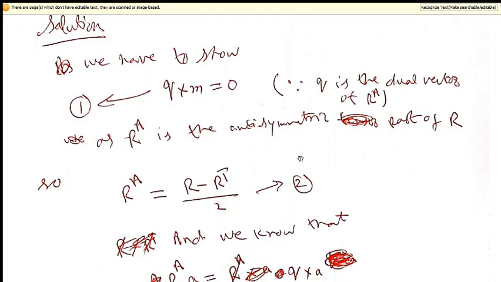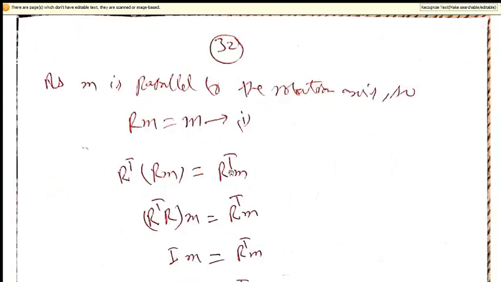We know that the dual vector is related with the antisymmetric part. So we will write that the antisymmetric part of R equals R minus transpose of R divided by 2, equation number 2.